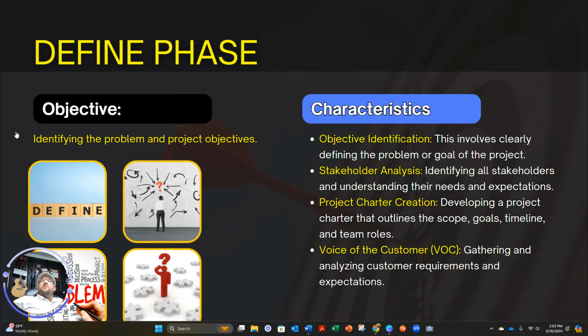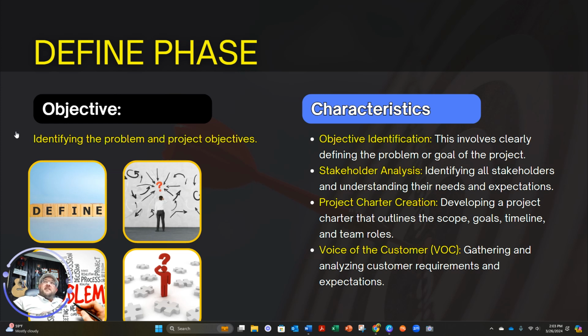In the define phase of Lean Six Sigma, the primary goal is to clearly define the problem or opportunity for improvement. This phase sets the foundation for the entire project and ensures that there's team alignment with the goals and objectives of the organization.